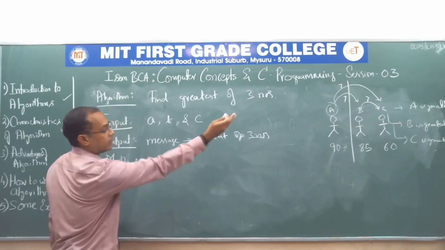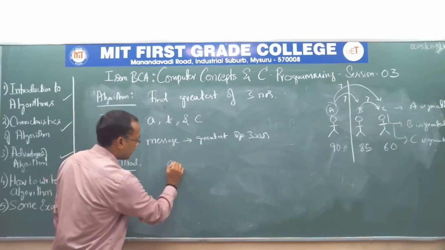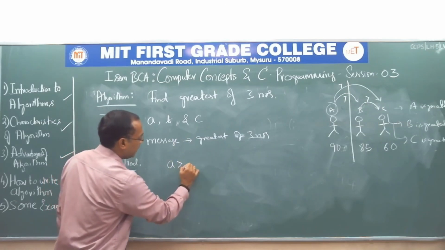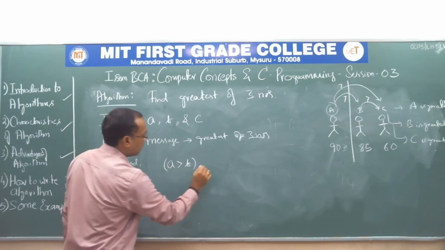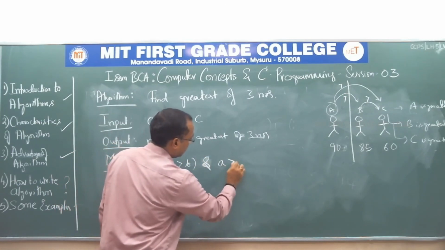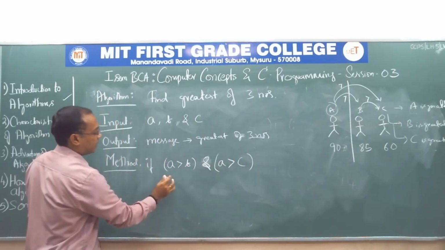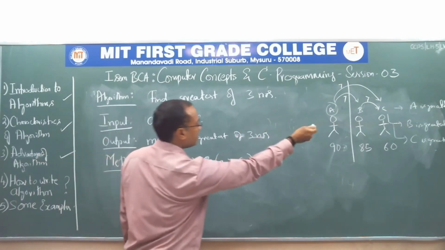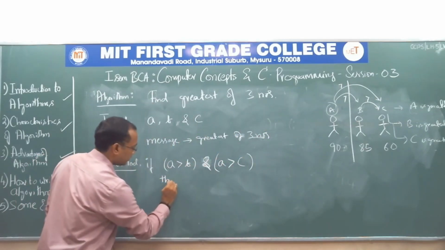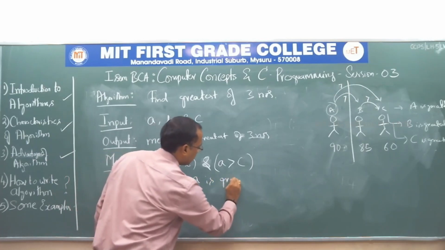Next, the method. First, what I said: take the number A, check with B and also check with C. If A is greater than B and greater than C, then A is greatest.